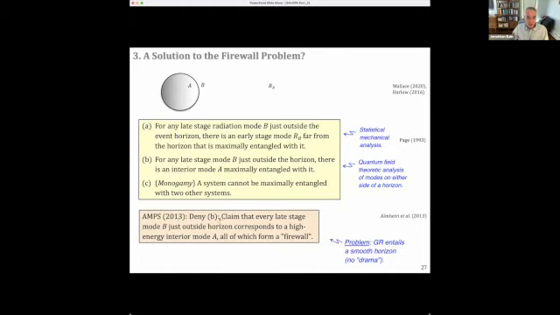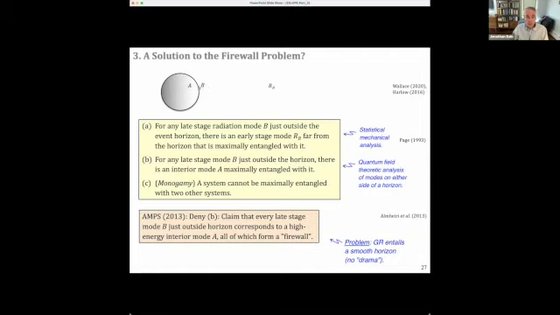And their proposal is the following. They suggested we can deny claim B, little claim B, by claiming that every late stage mode, capital B, just outside the horizon corresponds to a high energy interior mode, A.